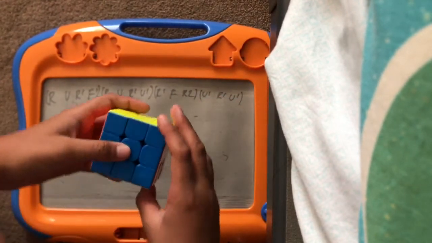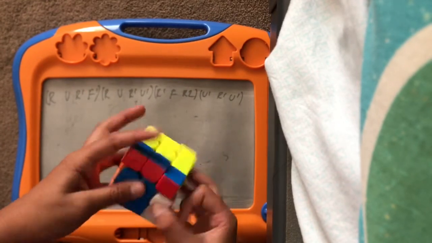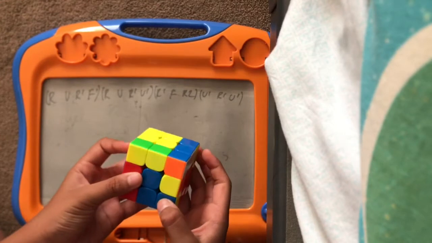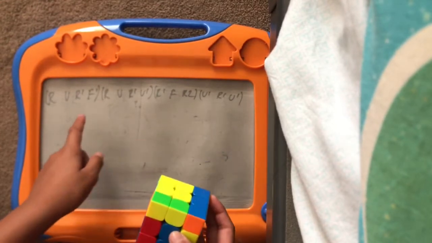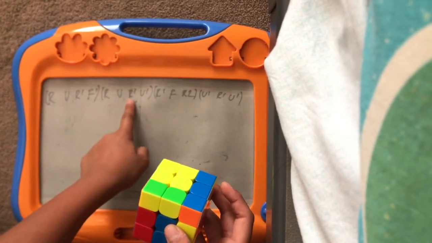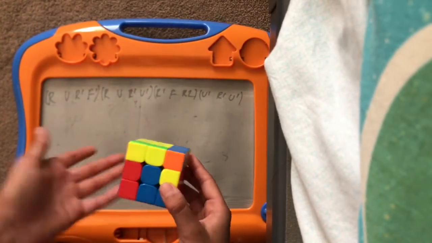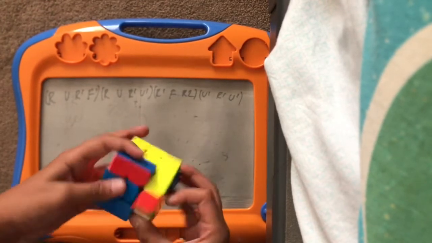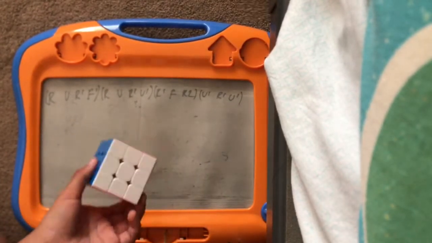The first thing I noticed was the first trigger, which is this bit. Then I did the second trigger, which is that. That's basically some common triggers that I know, and this sexy move. And then I just did this. That's how I memorized it.